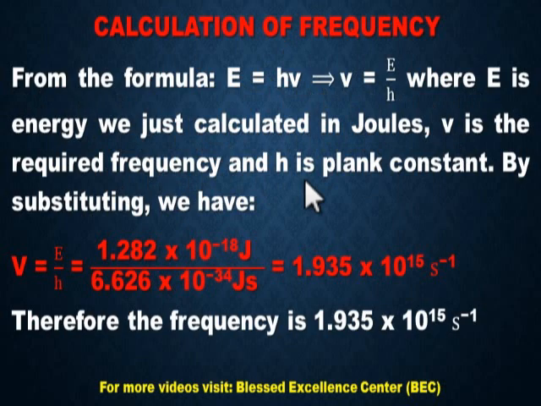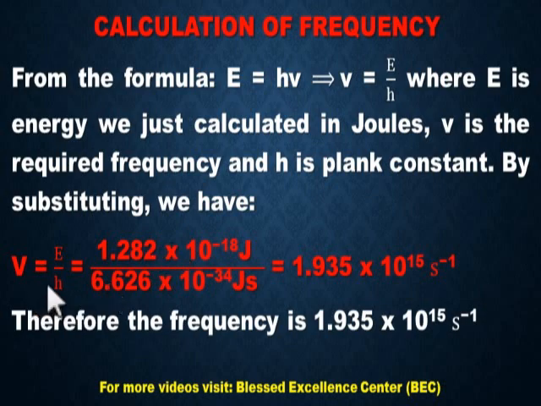Now E is the energy we just calculated in joules, v is the required frequency, and h is Planck constant. So if you make v the subject, divide both sides by h, you have that v is equal to E over h. So in this formula, substitute for E being the energy, and then substitute for h being the Planck constant. E is 1.282 times 10 exponent minus 18 joules, remember, that's the value we obtained when we converted the electron volts to joules.